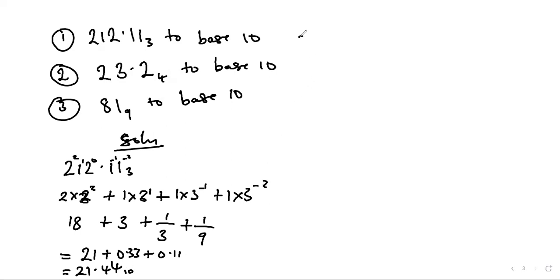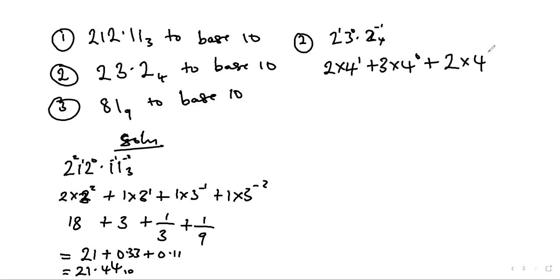Then for the second one, number 2, you have 23.2 base 4. So you're looking at the powers 0, 1, minus 1. So this will be 2 times 4 raised to the power 1 plus 3 times 4 raised to the power 0, plus here will be 2 times 4 raised to the power minus 1. So 2 times 4 is 8.